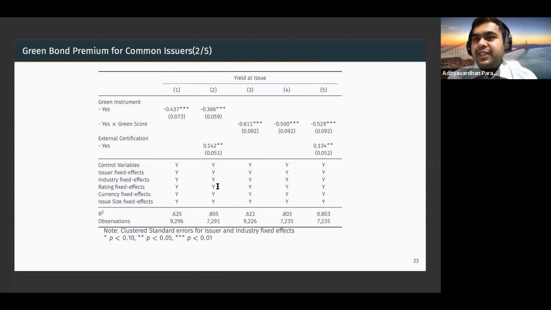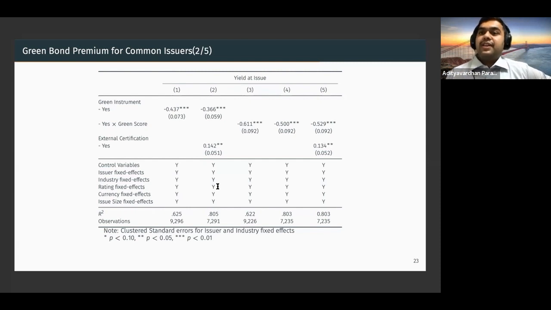Our first specification is for the yield at issue, or annualized yield at issue. We have specifications with the green instrument as well as with the green score. The first and second equations state that if the bond is green, you have over 36 basis points lower annualized yield at issue as compared to a normal bond. And equations 3, 4 and 5 say that as the green score increases, your annualized yield at issue decreases.